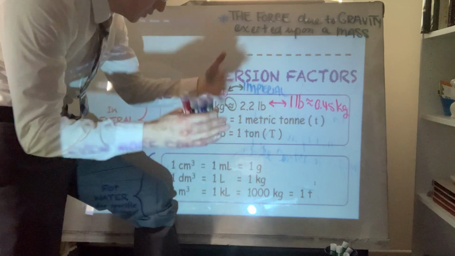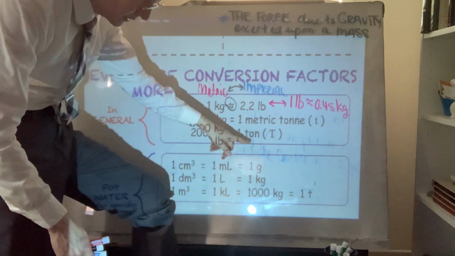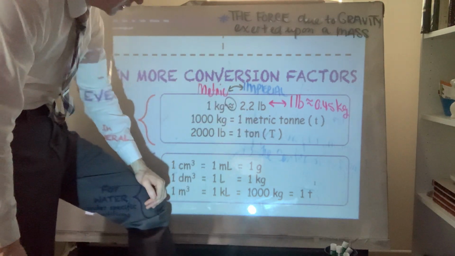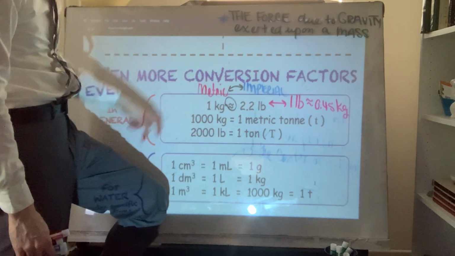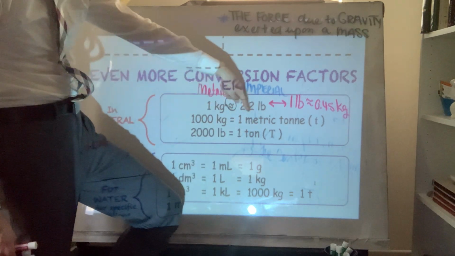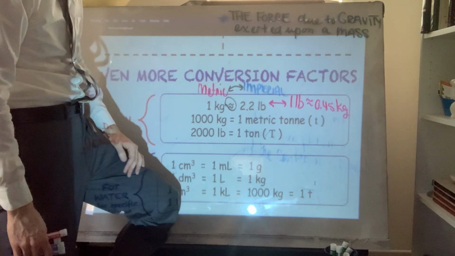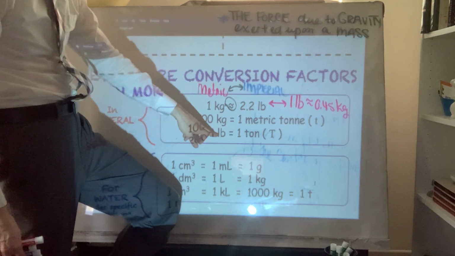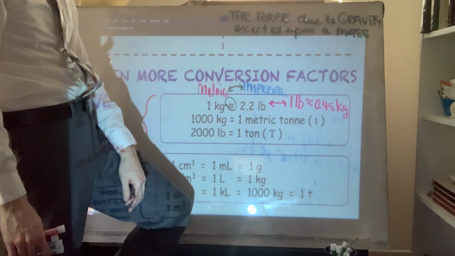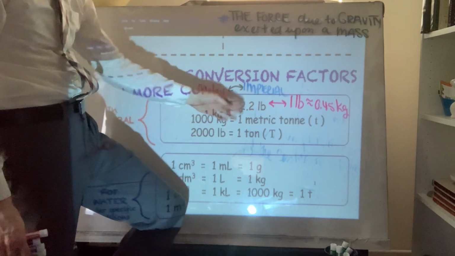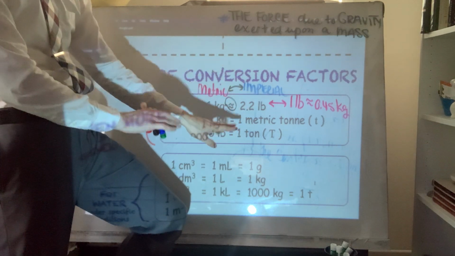The American or imperial ton, T-O-N, is a capital T. They're not the same thing in spite of their similarity. 1,000 kilograms is the equivalent of 1 metric ton. 2,000 pounds, coincidentally, is equal to 1 ton. So you could, in theory, convert tons to metric tons if you tinker with it.